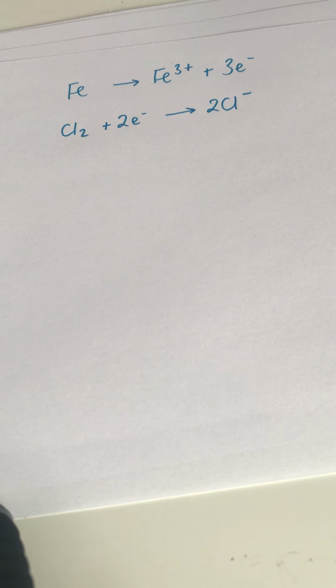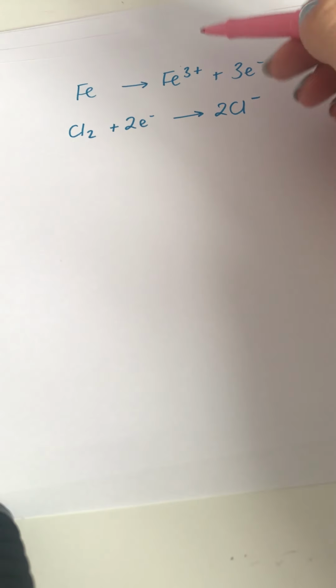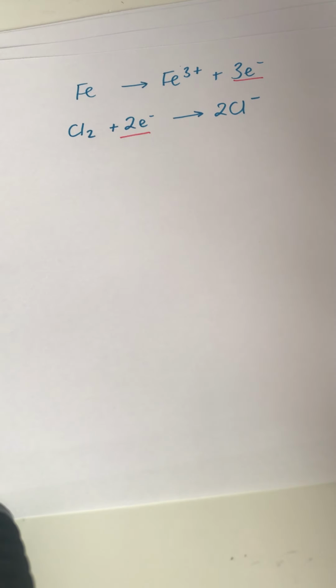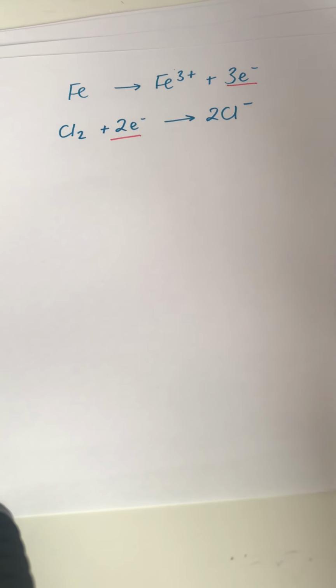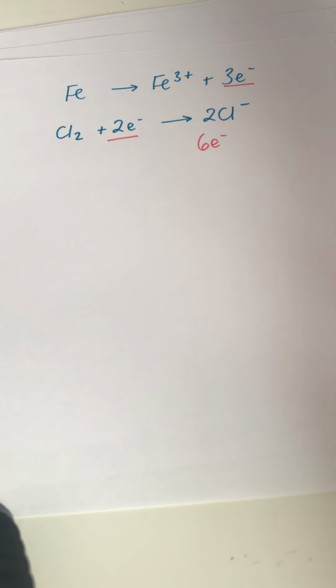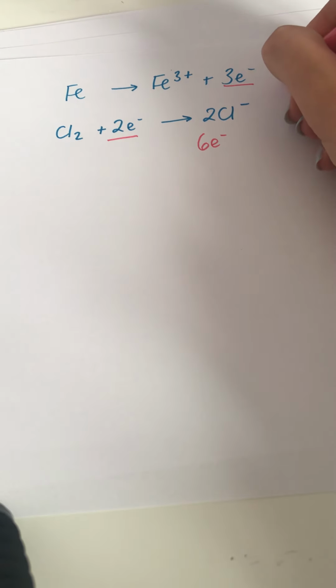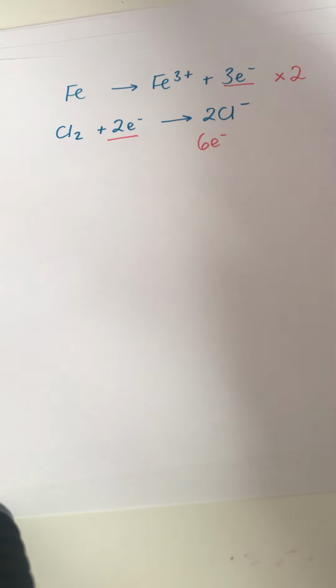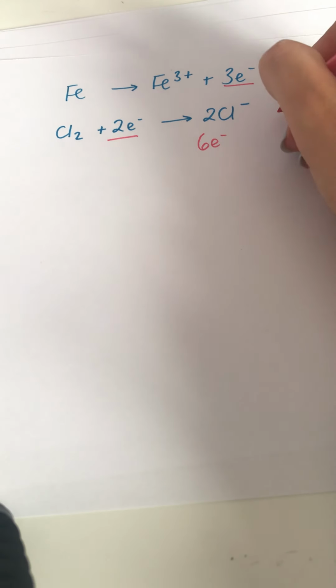So, if I was to take these half equations and combine them together, the first thing I need to do is ensure that both half equations have the same number of electrons. So I can see here we've got 3 electrons and 2 electrons. So I'm going to need to make it so that there are 6 electrons on either equation. So I'm going to multiply the iron half equation by 2 and the chlorine half equation by 3.